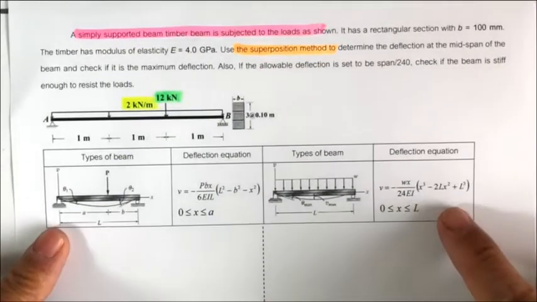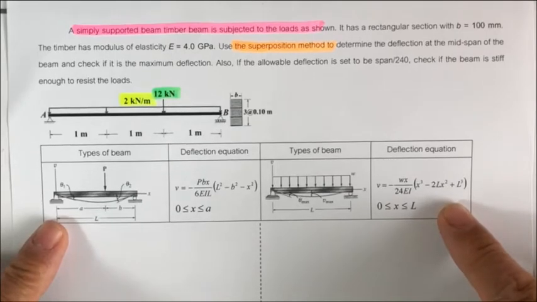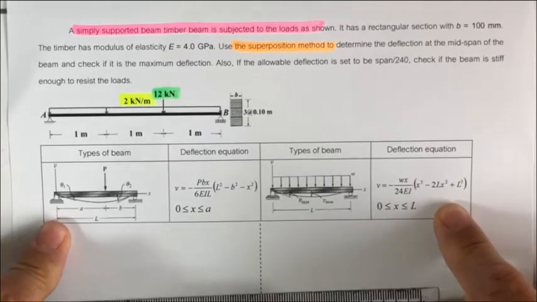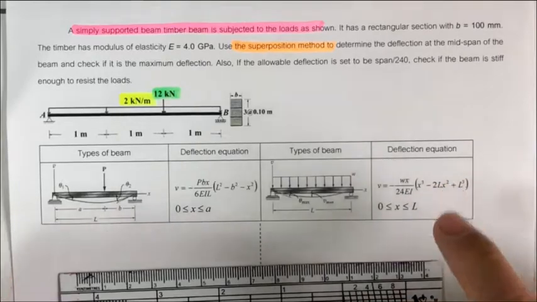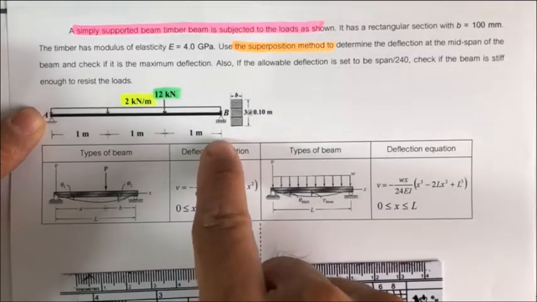The problem also gives us the equation for the deflection of the beam under this load, and we will use this table to compute the total deflection that occurs on this beam.